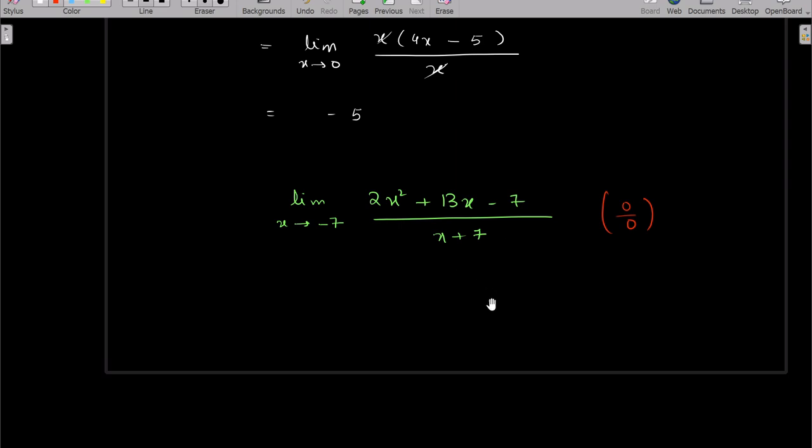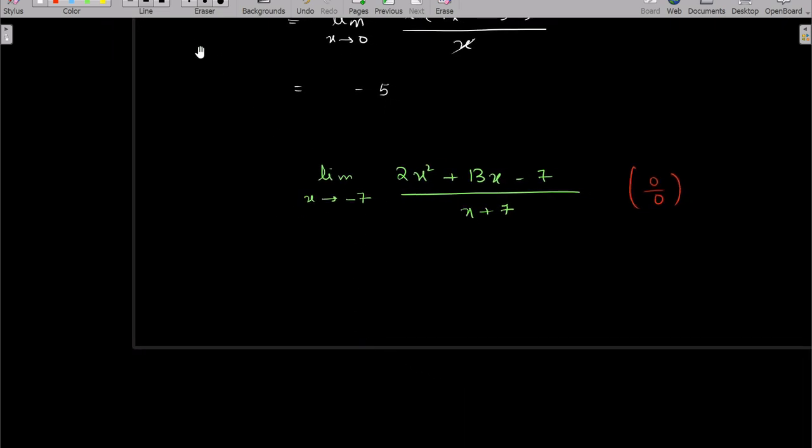I think we cannot factor out a single number from all three terms of the numerator, but it is a quadratic expression. So can you write its linear factors? I'm trying to do that, but I always struggle when there's a coefficient in front of the x squared.